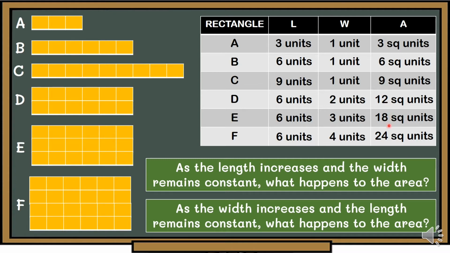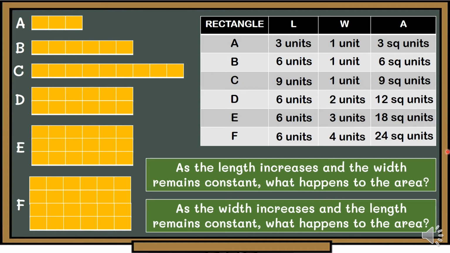12, 18, 24. Okay, we know that the area of a rectangle is equal to length times width. When the length is doubled and the width is the same, the area is doubled.